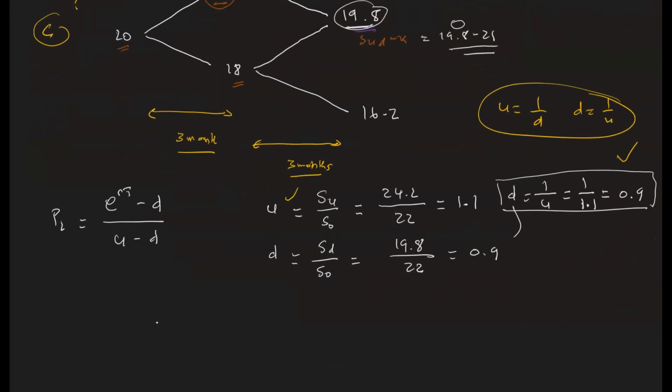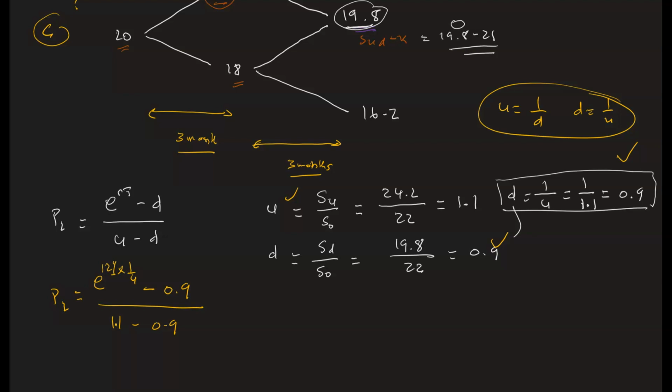So we have u and we have d for this first phase, which means that P2 should be equal to exponential of 12% multiplied by 1/4, because that's 3 months, minus d, which is 0.9, divided by u minus d, 1.1 minus 0.9.